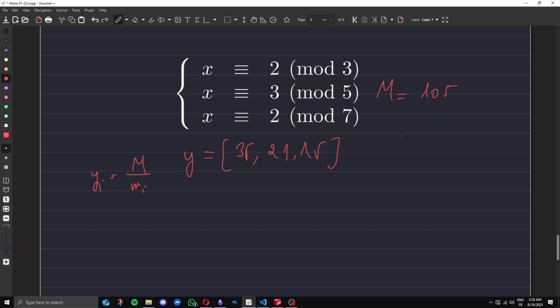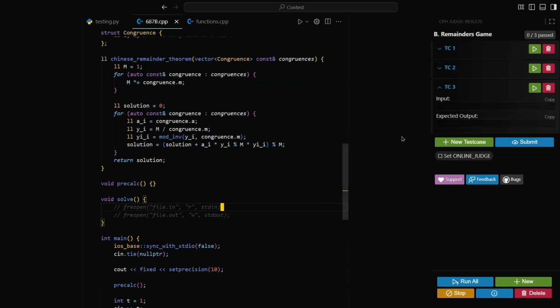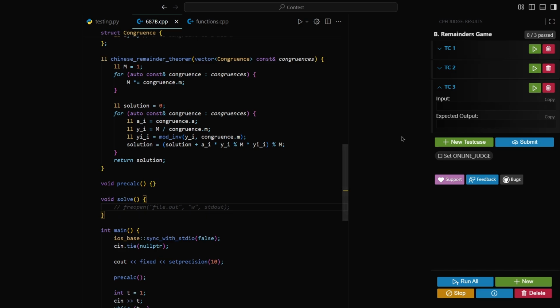Now, to calculate the sequence of the modular inverses, we should use the extended Euclidean algorithm, but I'm not going to do that manually, so jump back to VS Code and do that here. So, need the modular inverse first of 35.